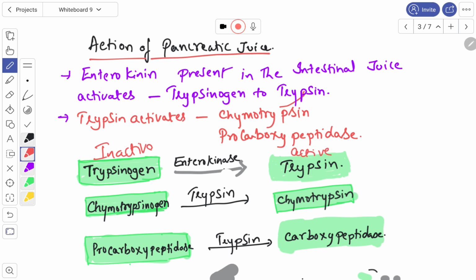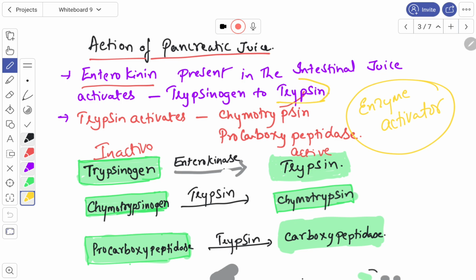The enterokinase present in the intestinal juice, that means the intestinal juice consists of an enzyme activator. Remember that enterokinase is an enzyme activator. Very important. So what is the enzyme activator in the intestinal juice? Enterokinase. This enterokinase present in the intestinal juice activates trypsinogen into trypsin.